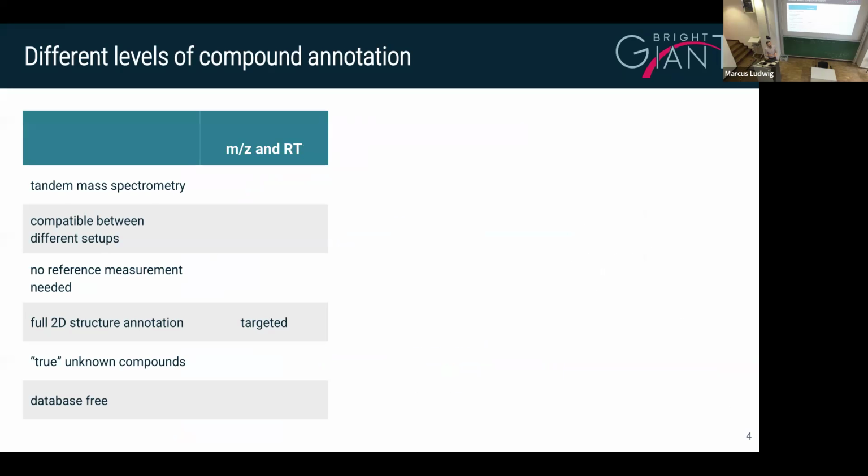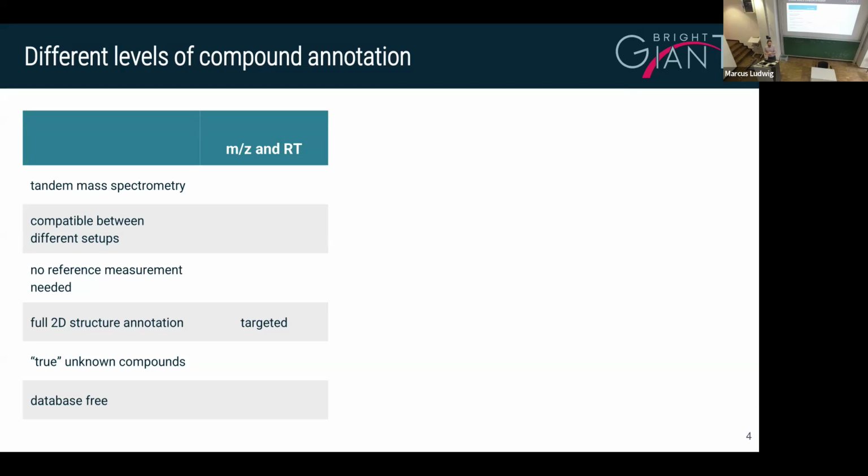And maybe to differentiate from other approaches for how you can annotate your features, and what the advantages and disadvantages are: you can already annotate compounds in your dataset with MS1 only if you really know what you're looking for.